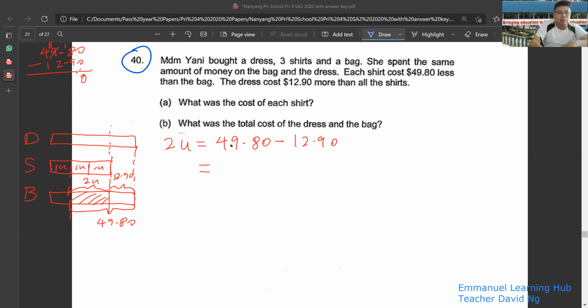Then you got 18, right? 18 minus 9 is 9. 8 minus 2 is 6. What is 4 minus 1? 3. So the answer is 36.90.